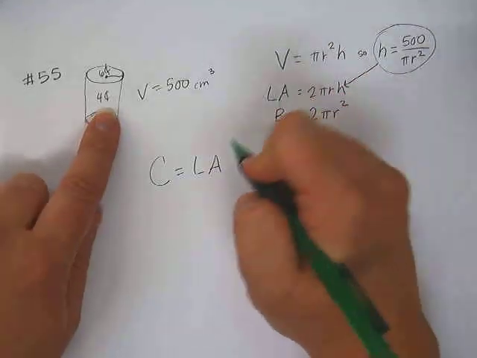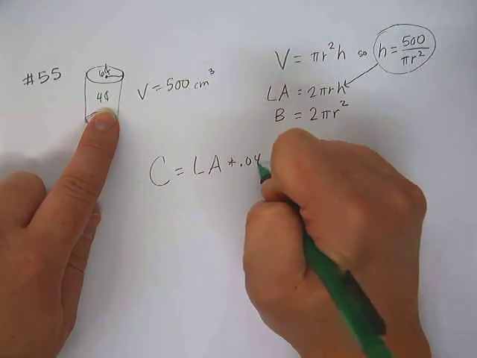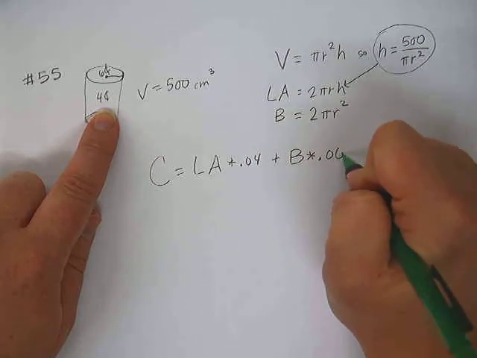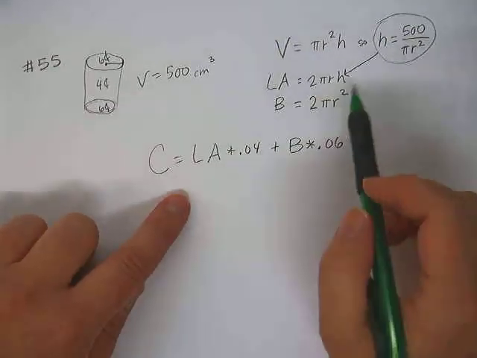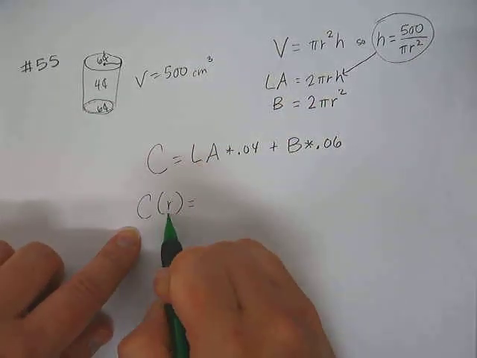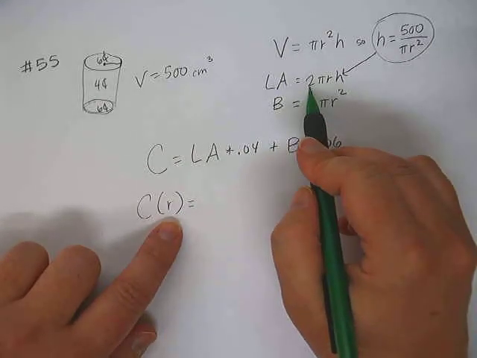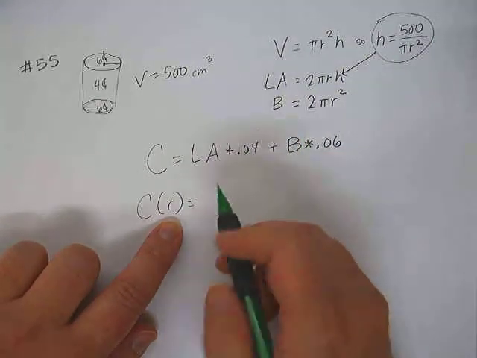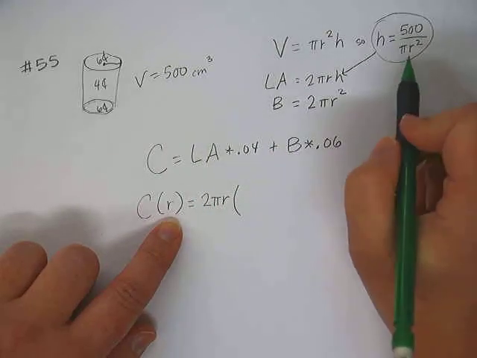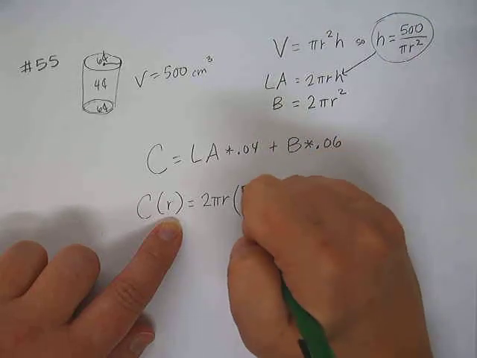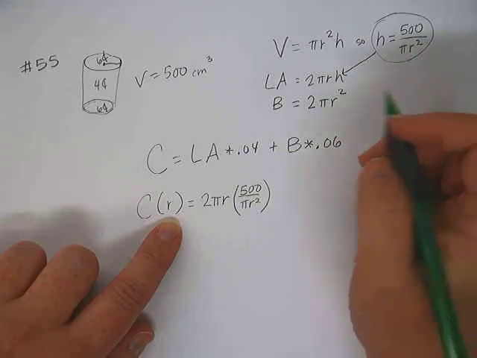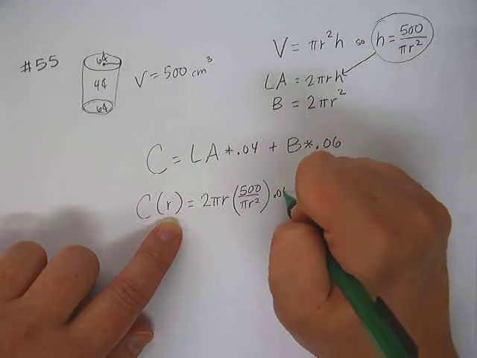So the cost is going to be the lateral area times 4 cents, 0.04, plus the base area times 6 cents. Let's plug these formulas in. The cost as a function of r is the lateral area, 2 pi r times h, but we're plugging in 500 over pi r squared for h.